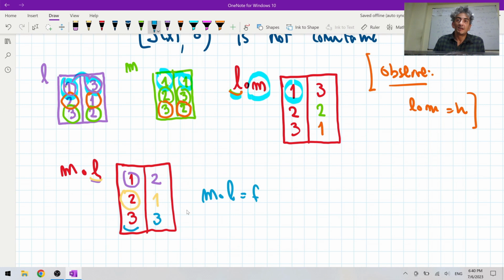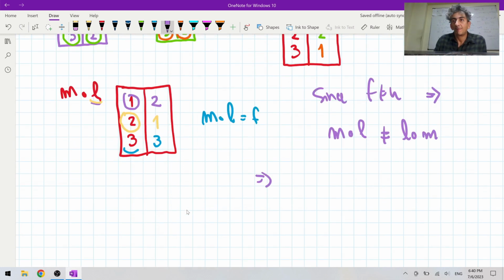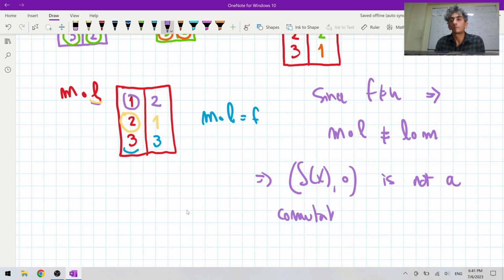In any case, since these tables are different, we conclude that M composed with L is different from L composed with M. That means that S(X) with composition is not a commutative group.